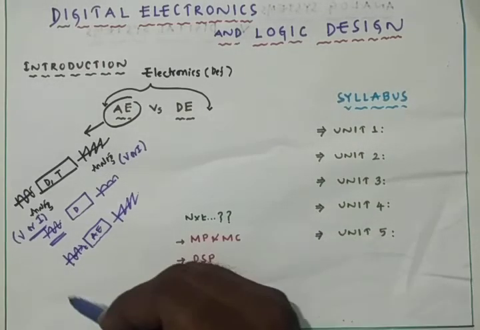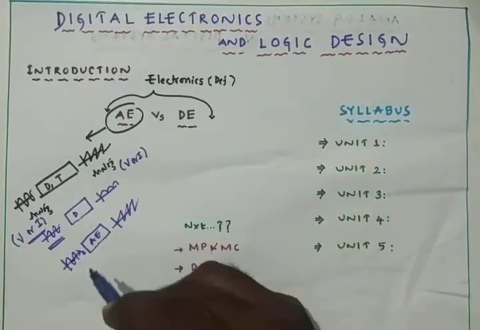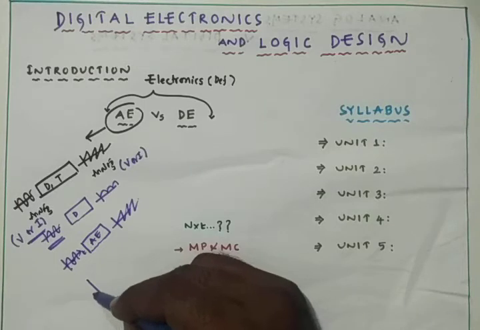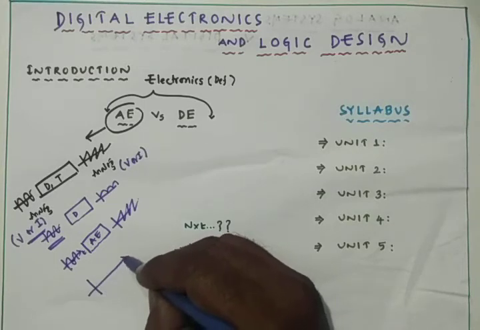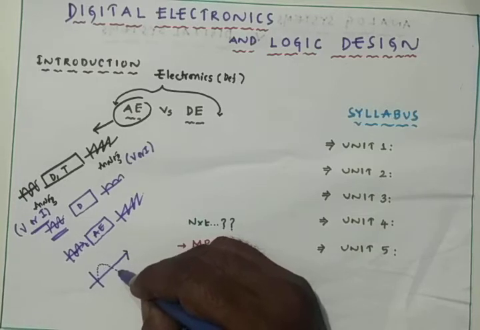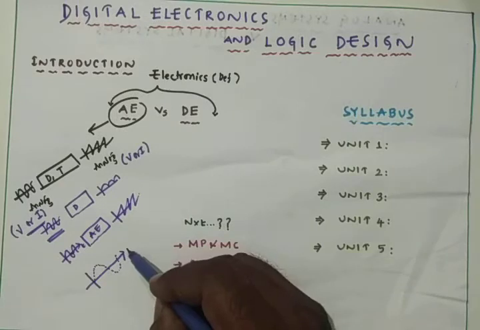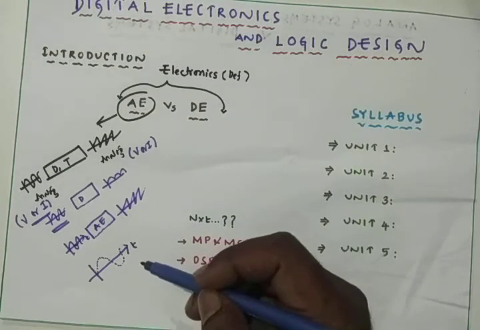Input and output are analog signals only. An analog signal keeps on varying with respect to time, and this is called an analog signal.